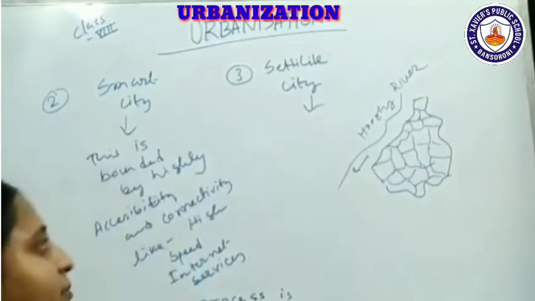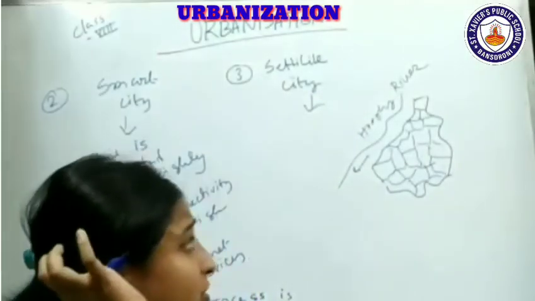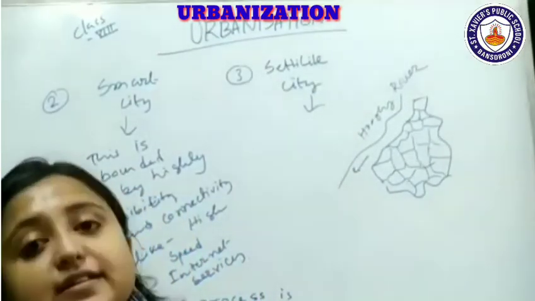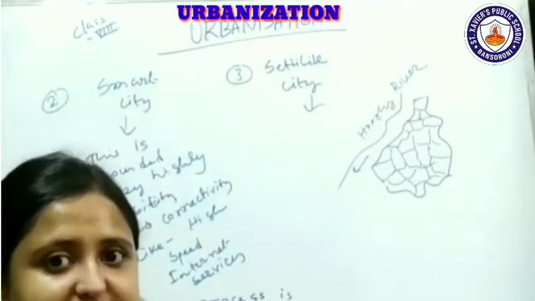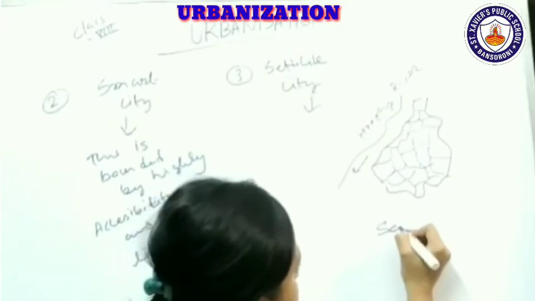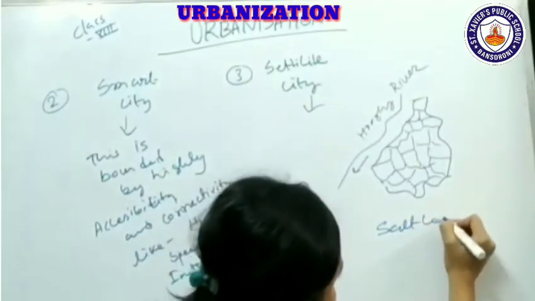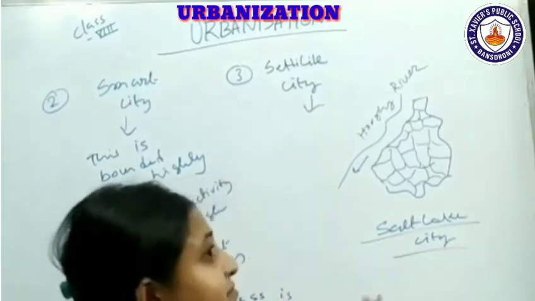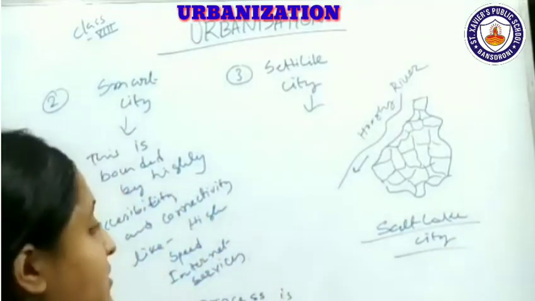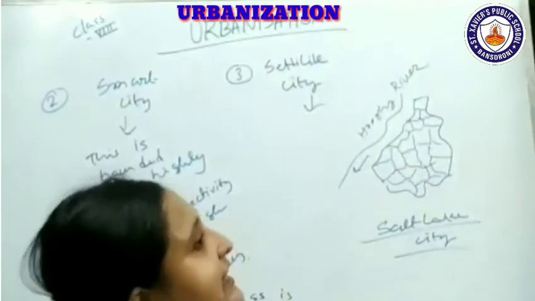Right? So these are the blocks. Okay. You all know the term Salt Lake City, which is situated in the eastern part of Kolkata, right? So Salt Lake City is an example of a satellite city.